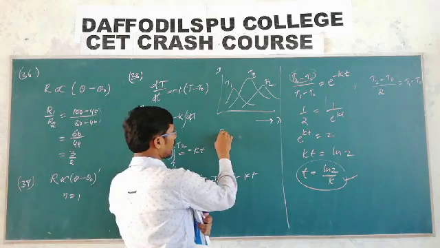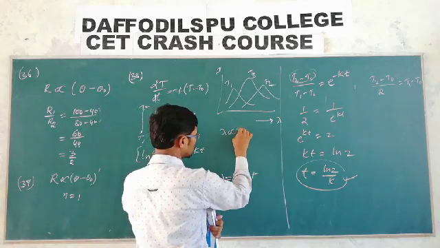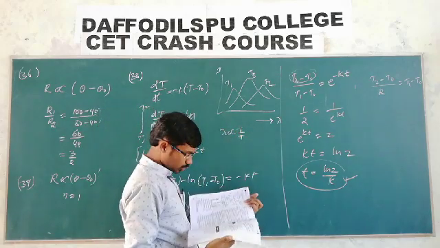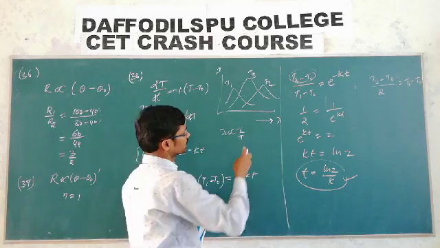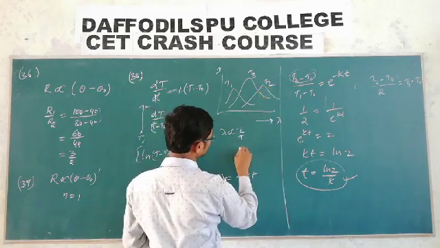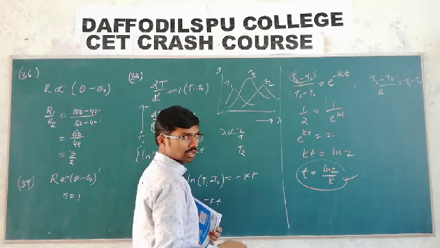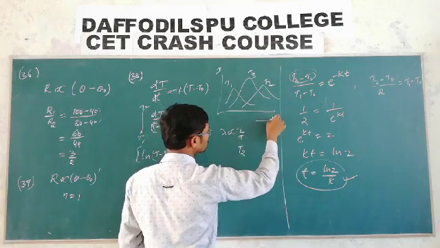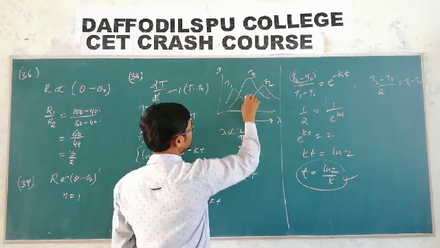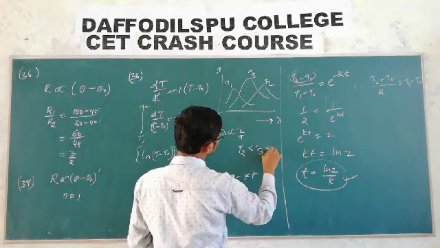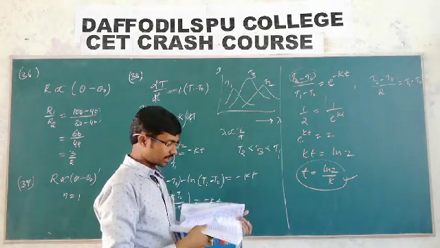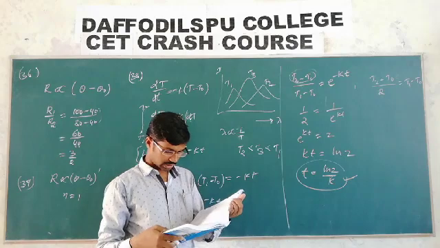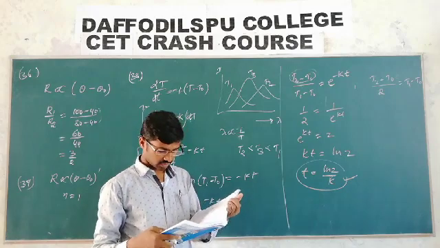That means lambda is inversely proportional to T. Now we need to write the relation between temperatures. Wavelength is more for temperature T2, so the temperature T2 is less. Next T3, next T1. That means T1 is greater than T3, which is greater than T2, which is the first option.